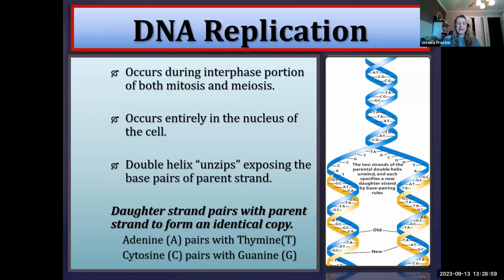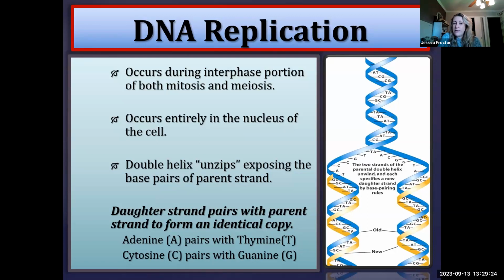All right, so DNA replication occurs entirely in the nucleus of the cell, and it occurs during the prep phase, or pregame phase, of both mitosis and meiosis. We'll learn about mitosis and meiosis in this lecture too, but for now, just know that it happens as the cells are preparing to divide.